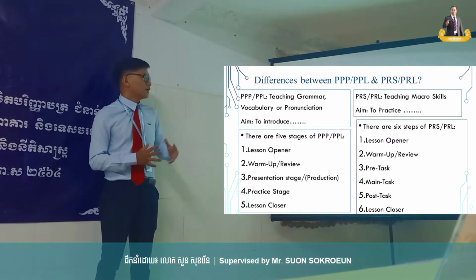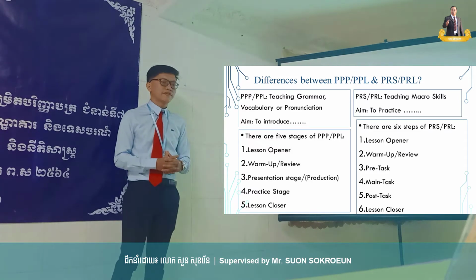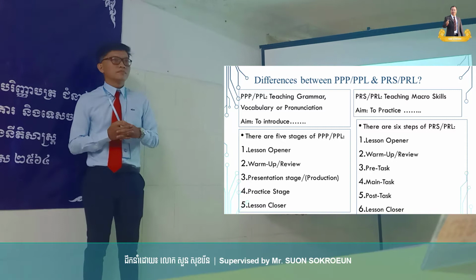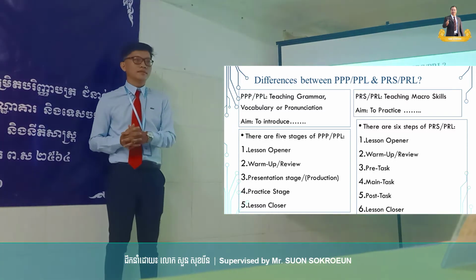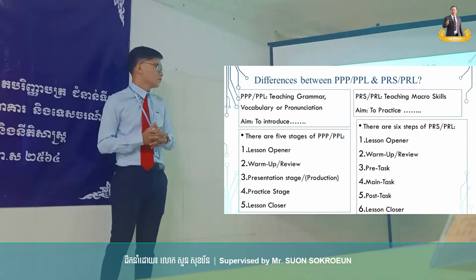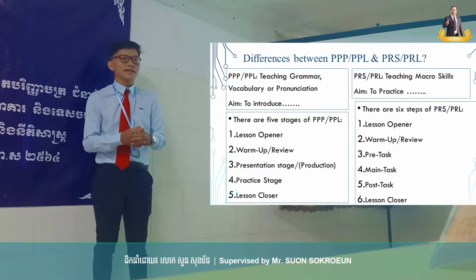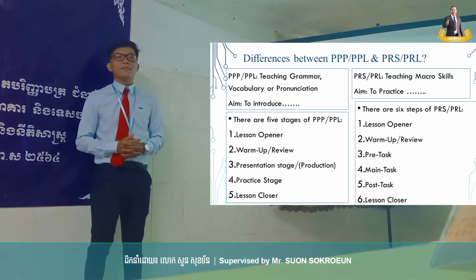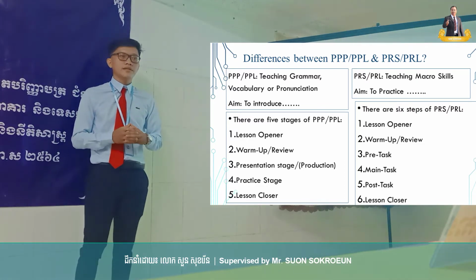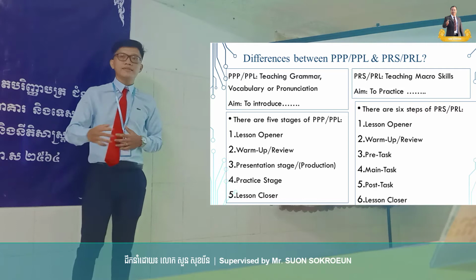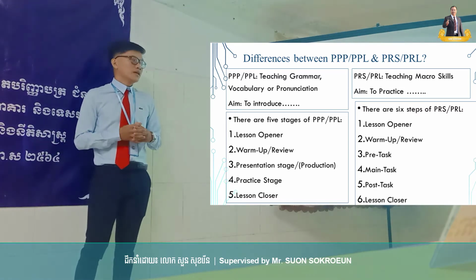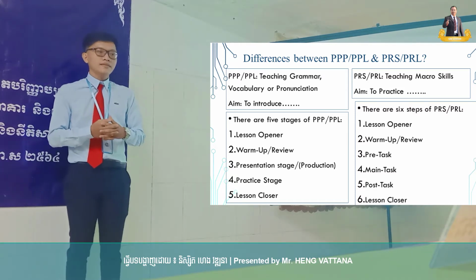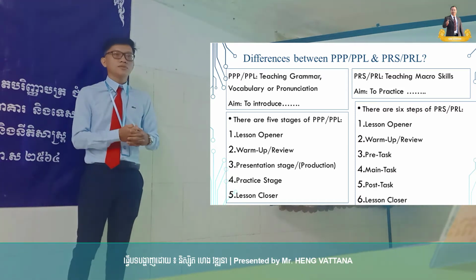The first one, the lesson opener, refers to the teacher saying hello, good morning, or good afternoon to their students, and then checking the attendance of the students and checking the date. The second is warm up or review. In warm up, the teacher reviews the previous lesson with their students.